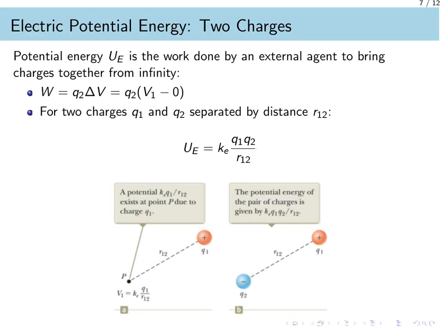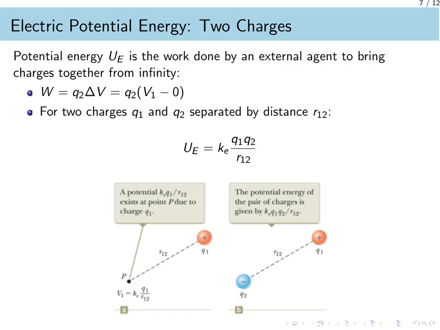Now let us discuss electric potential energy. The potential energy is the work done by an external agent to bring charges together from an infinite distance apart. For a system of 2 charges, the work done equals the second charge multiplied by the change in potential. This gives us the potential energy of the pair, which is the Coulomb constant times the product of the 2 charges, divided by the separation distance r sub 1,2.